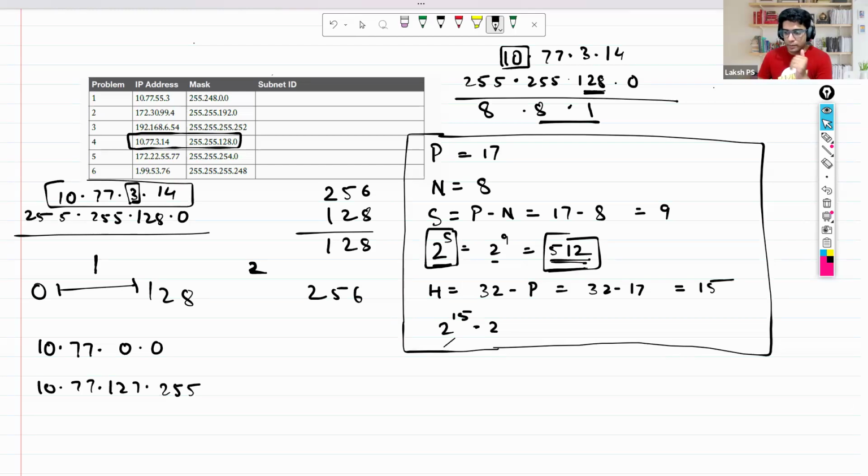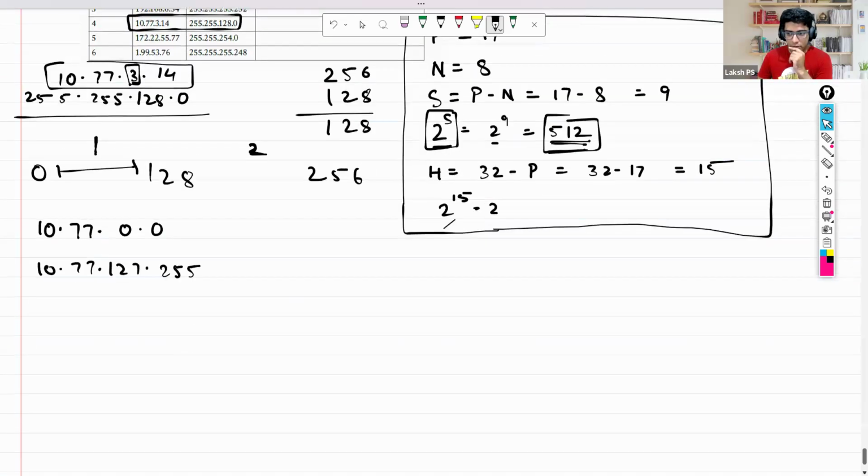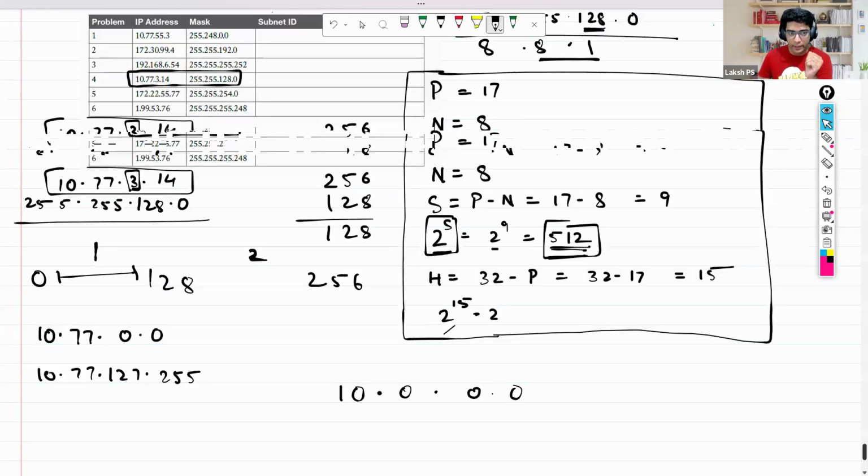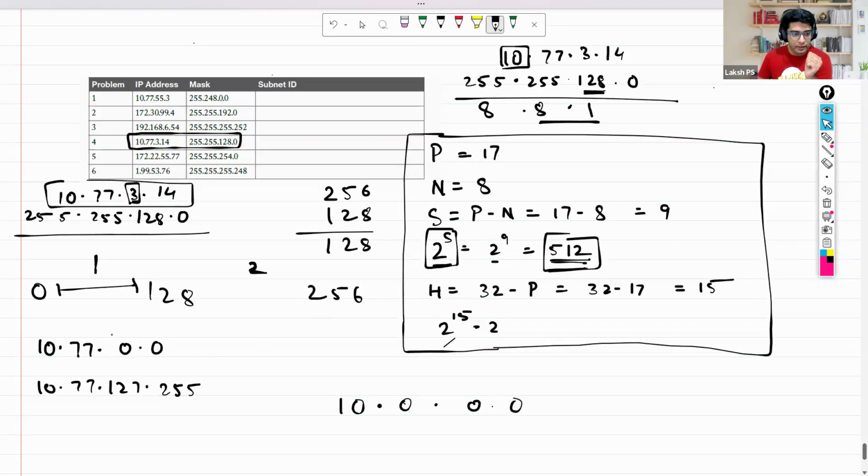Let me tell you how it happens. Because it's a Class A IP address, your first network octet will remain the same. It will not change. So your IP address starts from 10.0.0.0. And in the third octet is where we are calculating the network ID, subnet ID, and broadcast ID.